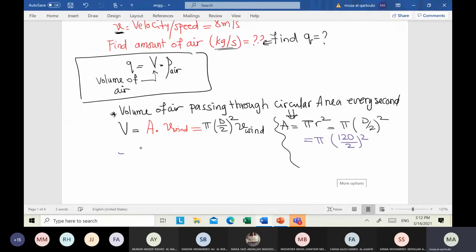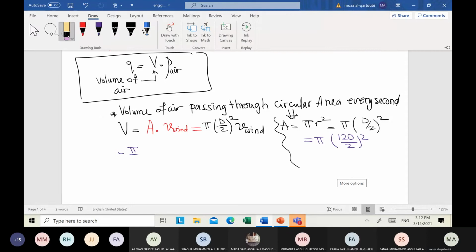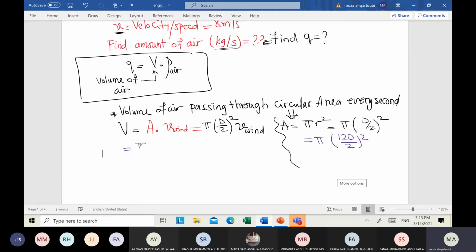So the volume equals pi times 120 squared, which is in meter squared. Then the velocity is 8 meter per second.